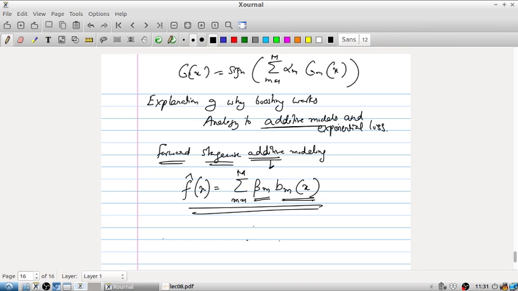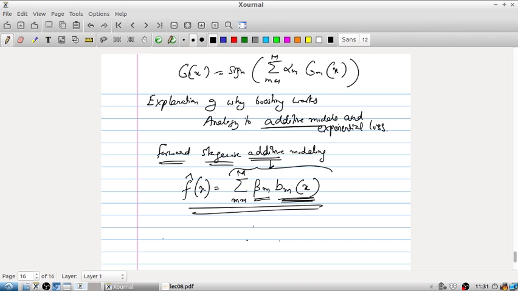This is called a general additive model. In the GAM section, I was talking about the additive model being just a function of each individual variable, but here I'm loosening that assumption a bit. These basis functions can be functions of the whole x, the whole input vector itself.